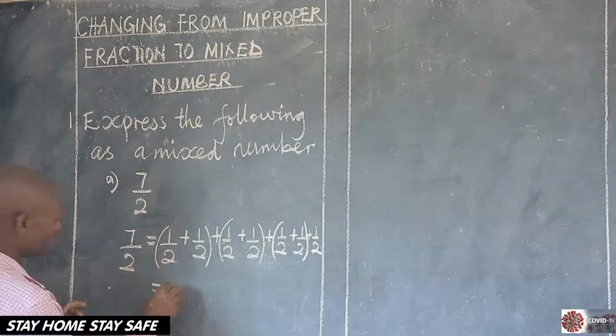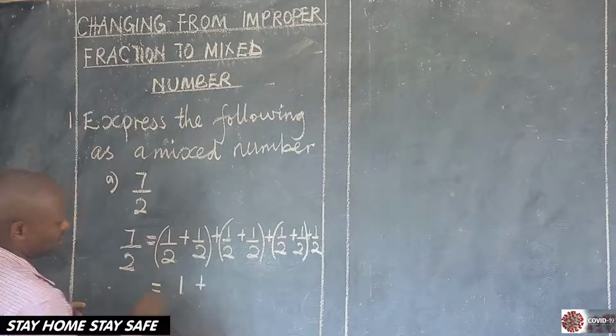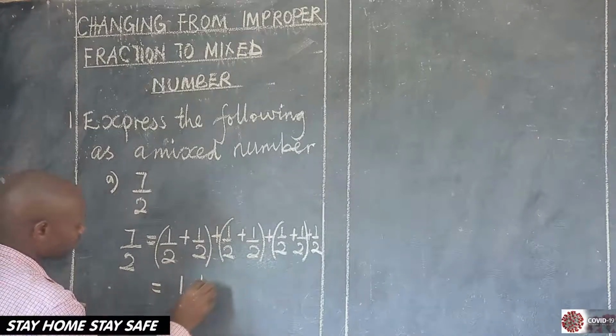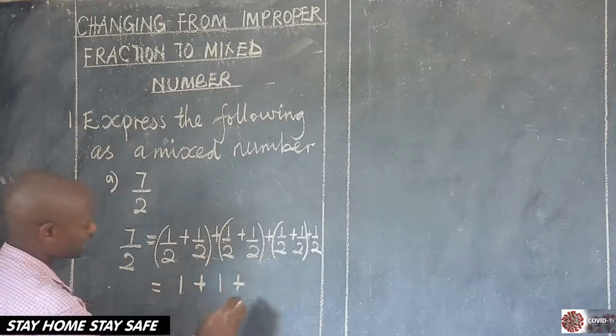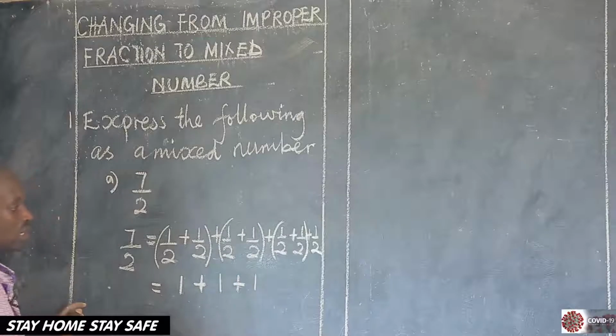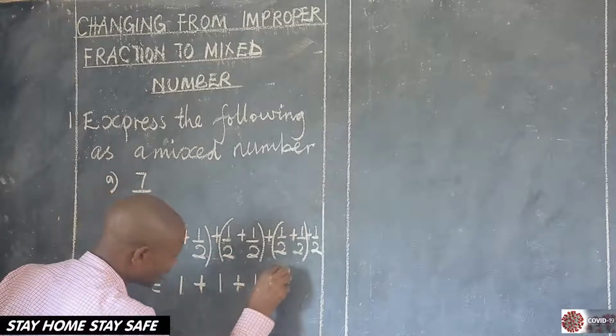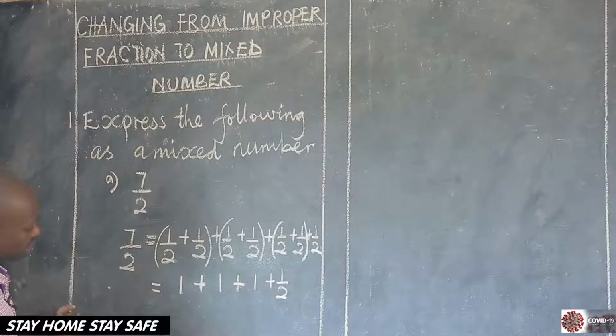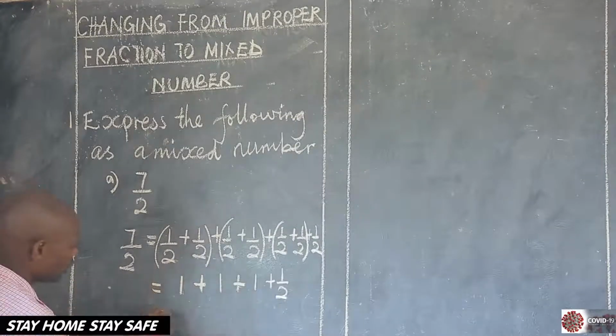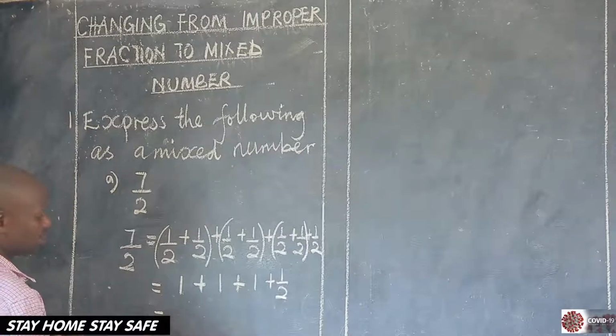So this one is a whole. Even this one will give us another whole. Even this one will give us another whole. Then we remain with a half. When I add the wholes, 1 plus 1 plus 1, we are going to get 3.